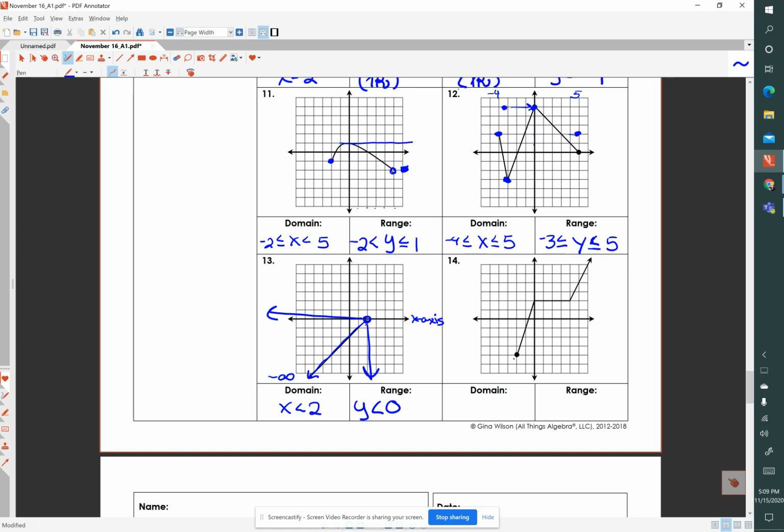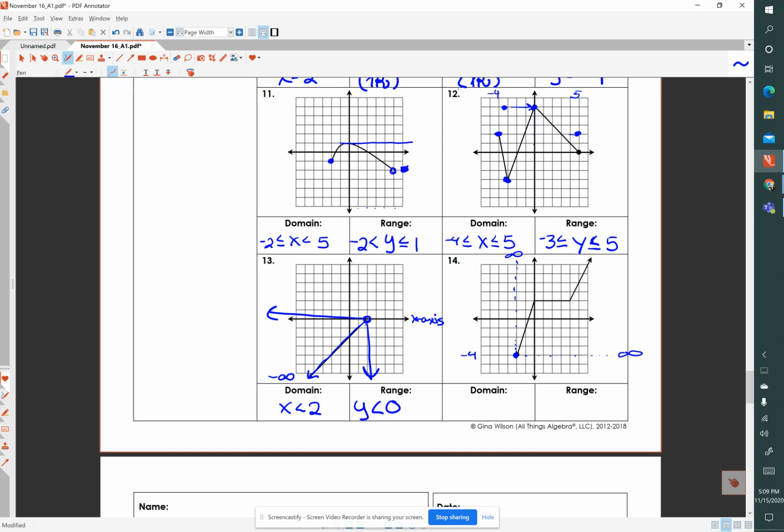Now our final graph on this page, we have a solid dot at -2, and this graph goes all the way to infinity on the x-axis. And on the y-axis, it starts at -1, 2, 3, -4, and the graph goes upward to positive infinity.